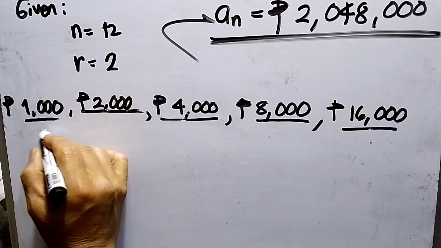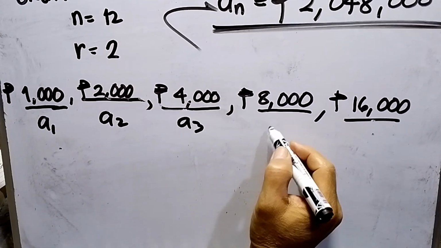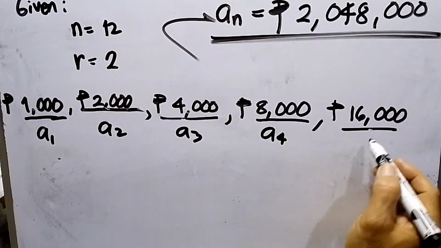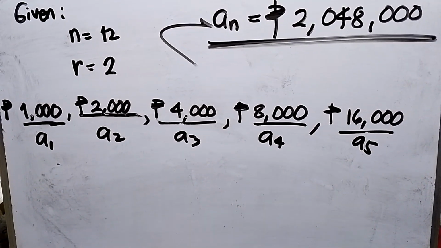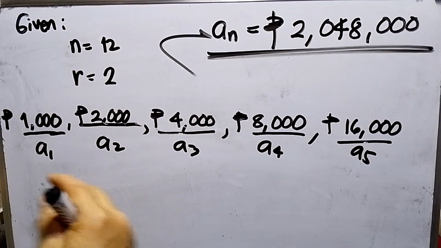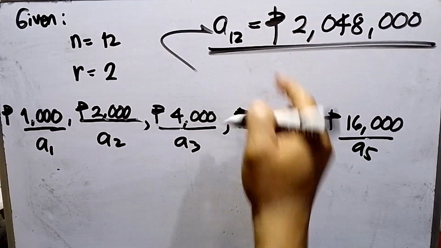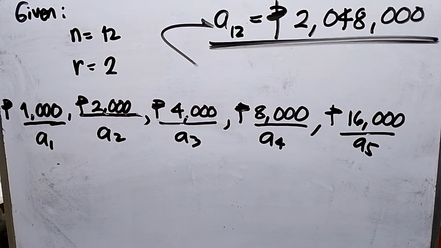This is A1, this is A2, A3, A4, A5, until A12. Now, take note, the last will be our A sub n. A sub n is 12 because there are 12 terms, right? A12 equals 2,048,000.